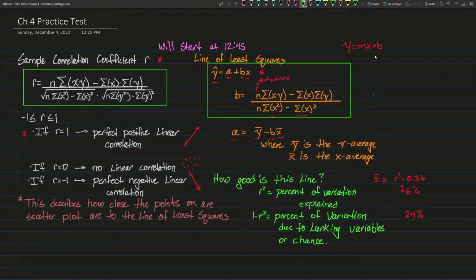Okay, so before I go down, we need to also be able to find sum of x squared, sum of y, sum of y squared, the sum of those products, and I think that's about it. And then x bar, y bar. So all of that we should be able to do automatically. And then we're just plugging those numbers into the equation for R and the equation of b.